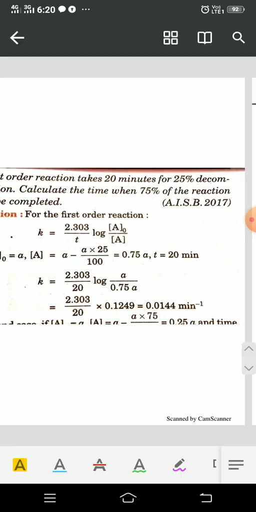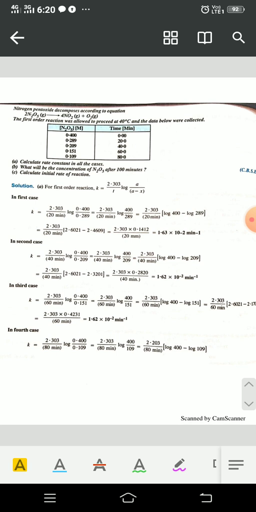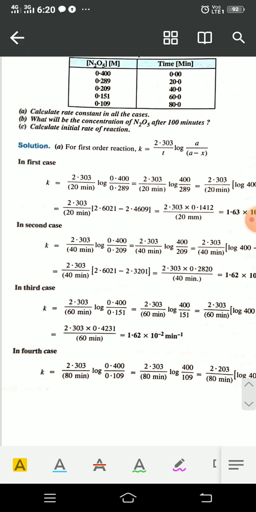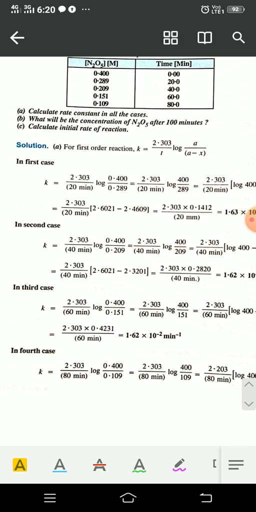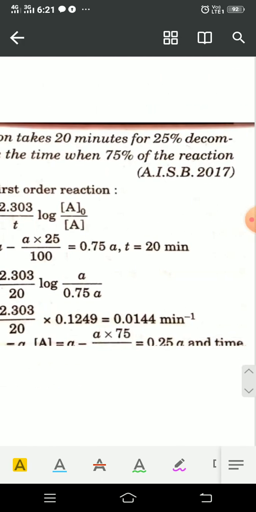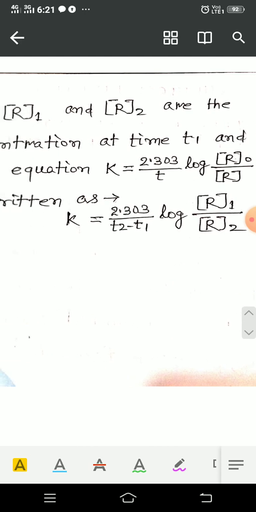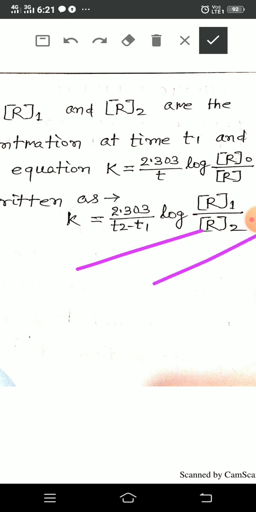Now, about the use of t2 minus t1: k is equal to 2.303 by t2 minus t1 log initial concentration by final concentration, that is R1 by R2.